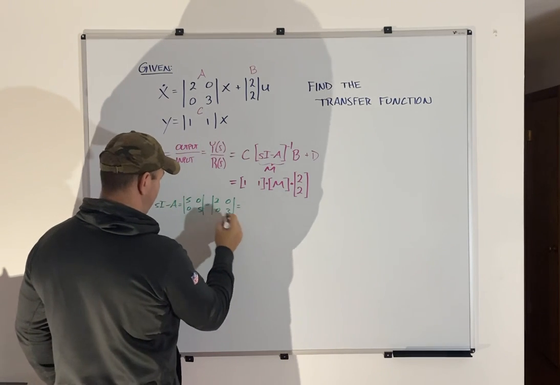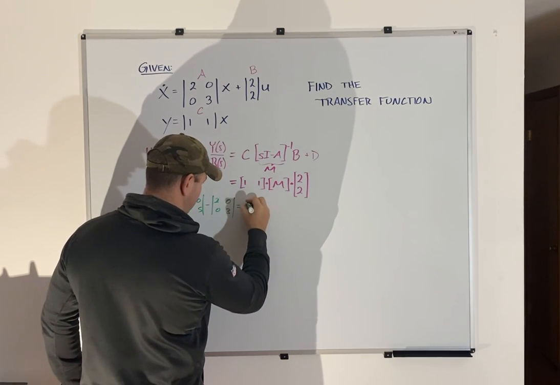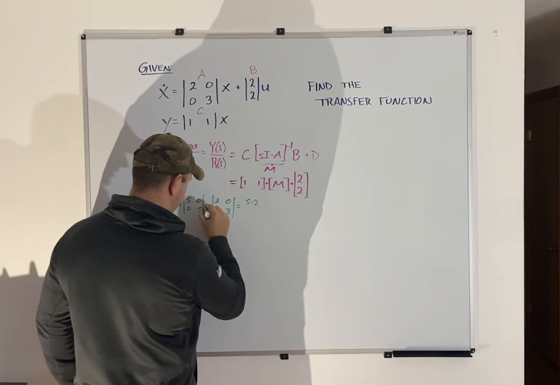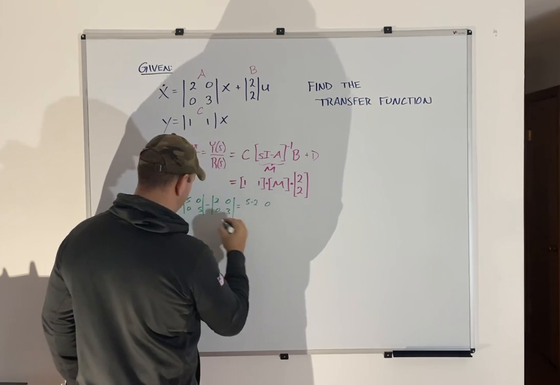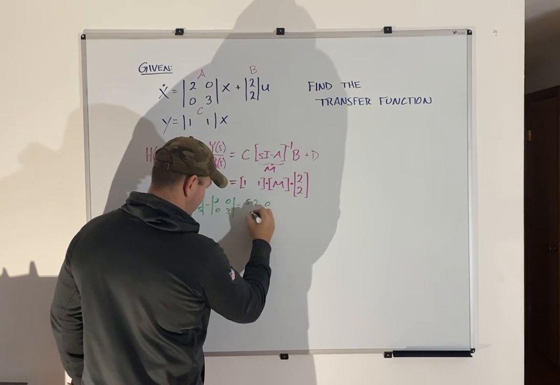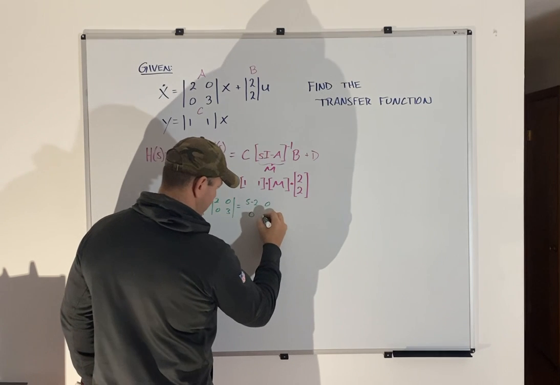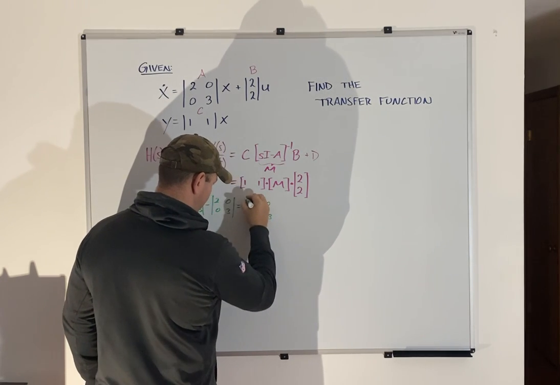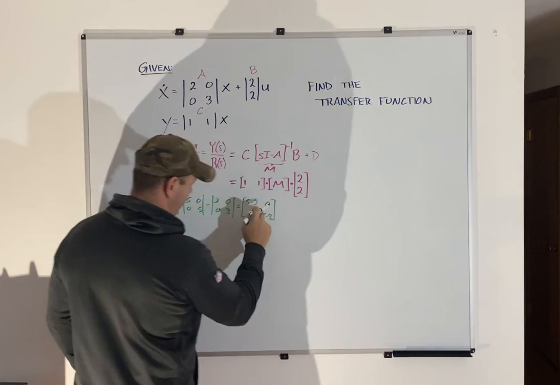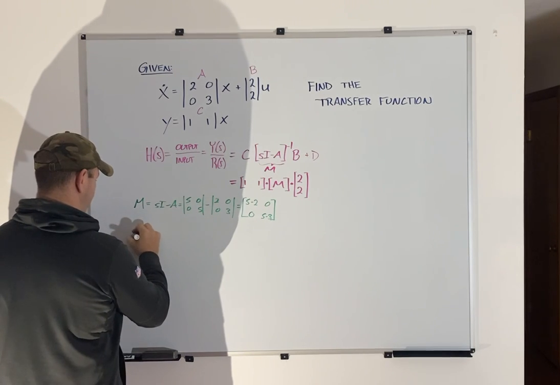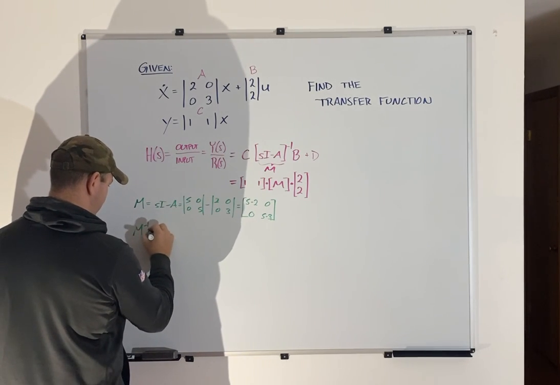Okay. s minus 2 is s minus 2. 0 minus 0 is 0. 0 minus 0 is 0. And s minus 3 is s minus 3. There's M. Now we need to solve for M inverse.